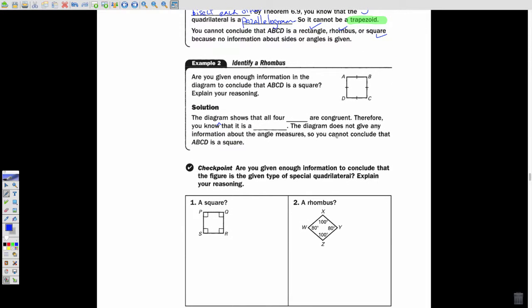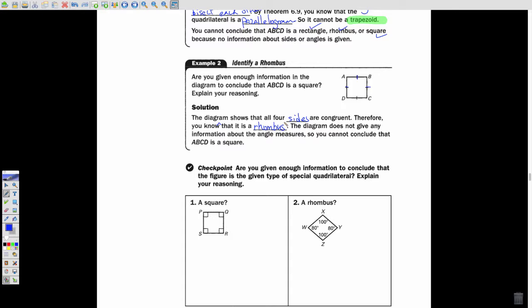Here we go. We're asked, are you given enough information in the diagram to conclude that ABCD is a square? With these little tick marks, we know all four sides are congruent. So we know that this is at least a rhombus, right? A square is also a rhombus.